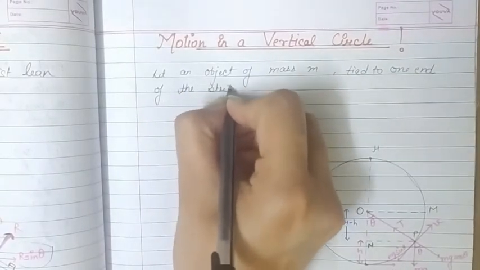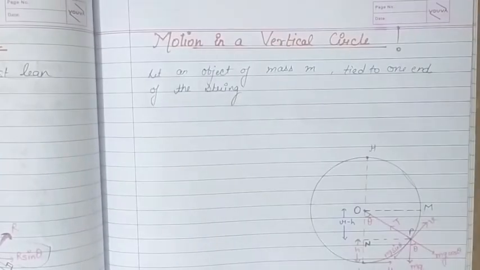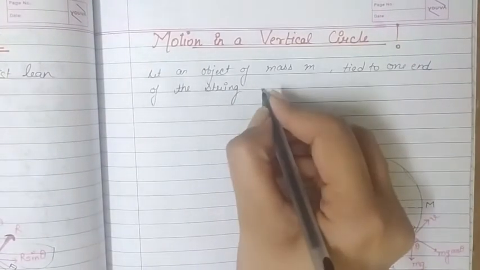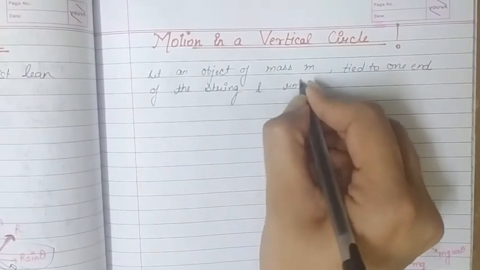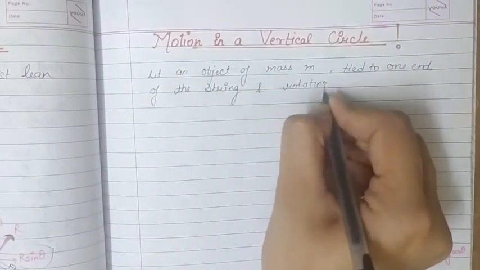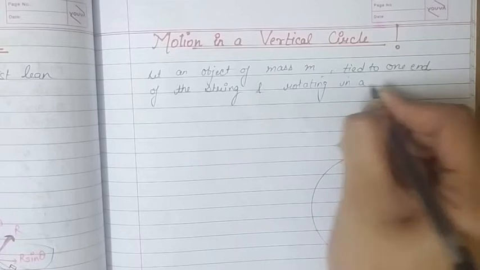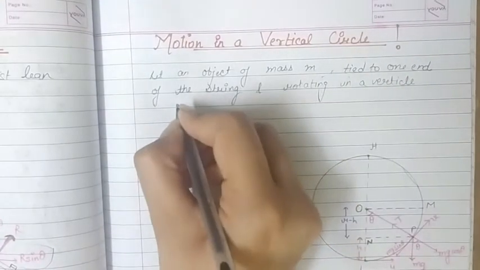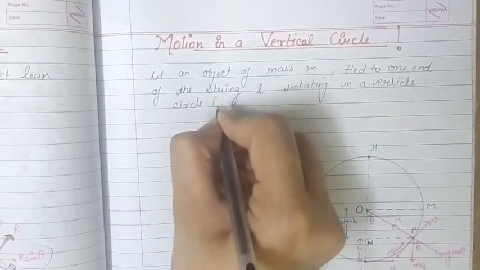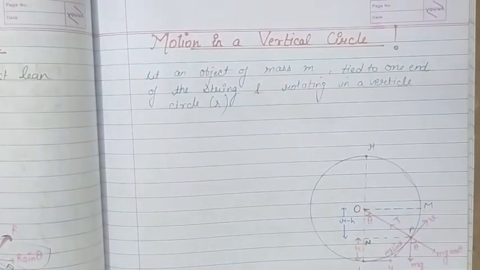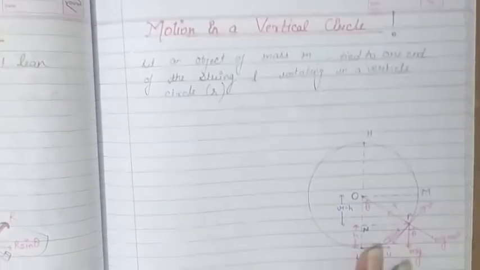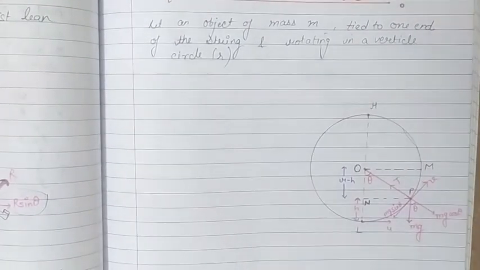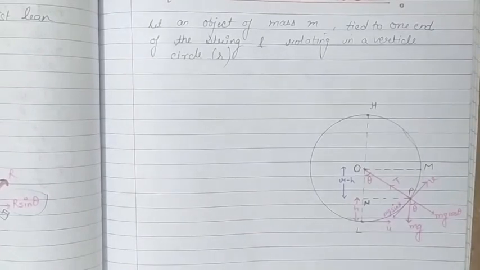So we have considered an object which is tied to one end of the string and is rotating in a vertical circle. Now we are considering that the radius of the circle is r, that we have assumed, and we are showing it in this diagram. This is a circle of radius r in which the object is rotating vertically.